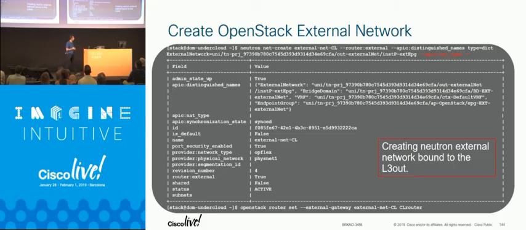So there is no intermediate step of doing the NAT function in OVS. The packet is directly sent to the outside world. Of course, that's still a Neutron network. It's an external network, so that's going to be set as the gateway for your router.